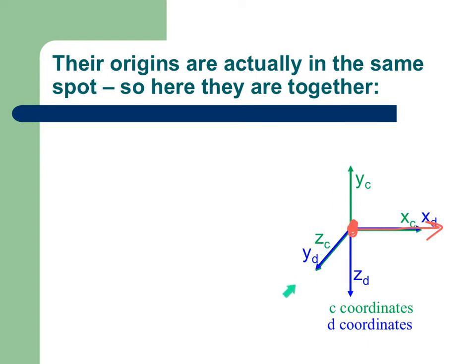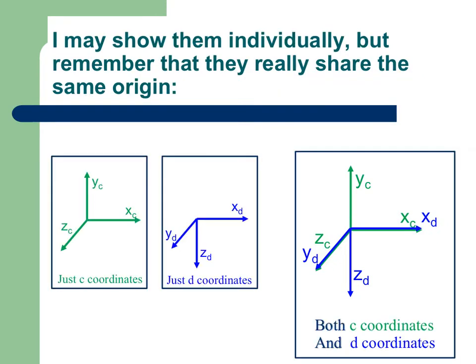D's y-axis is pointing out of the page. C's z-axis is also pointing out of the page. So C and D, in addition to having the same x-axis, C's z-axis is the same as D's y-axis. And then D's z-axis is just pointing straight down.